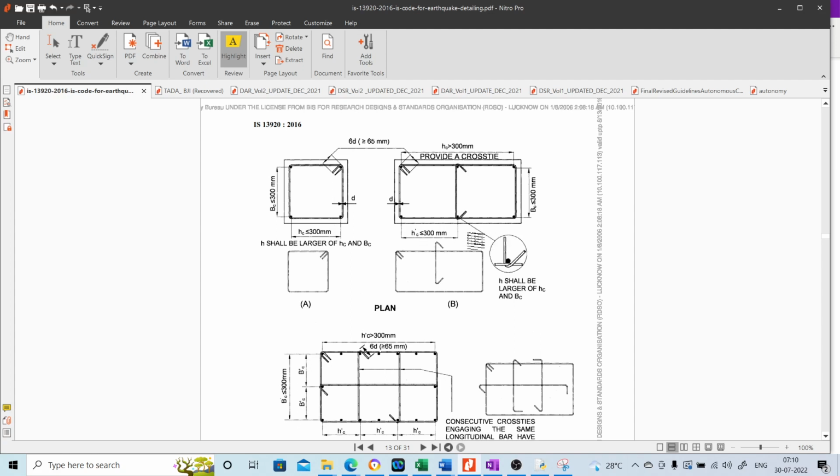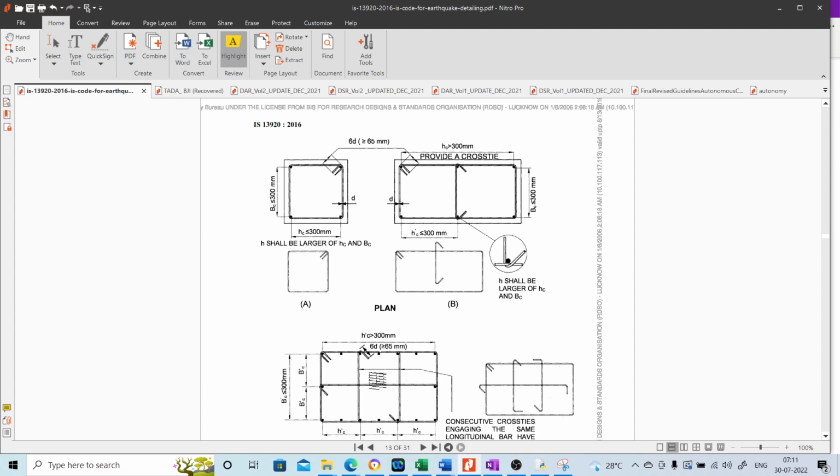So in that case, we will have to provide a cross tie in between, so as to reduce this depth between the legs of the transverse reinforcement or the lateral ties to be kept less than 300 mm. So simply we will provide a cross tie.